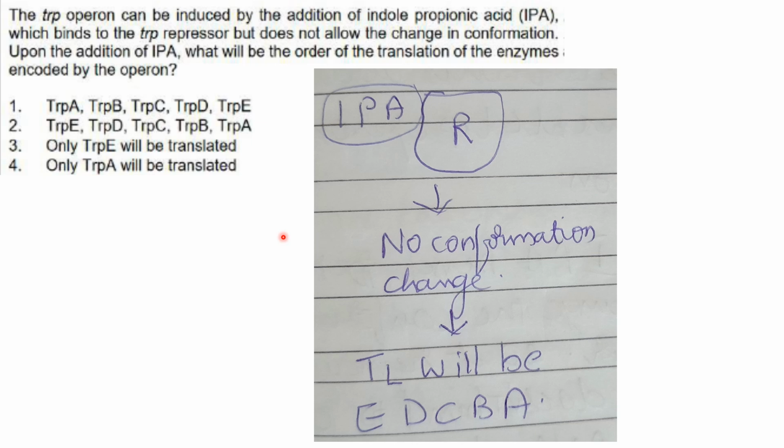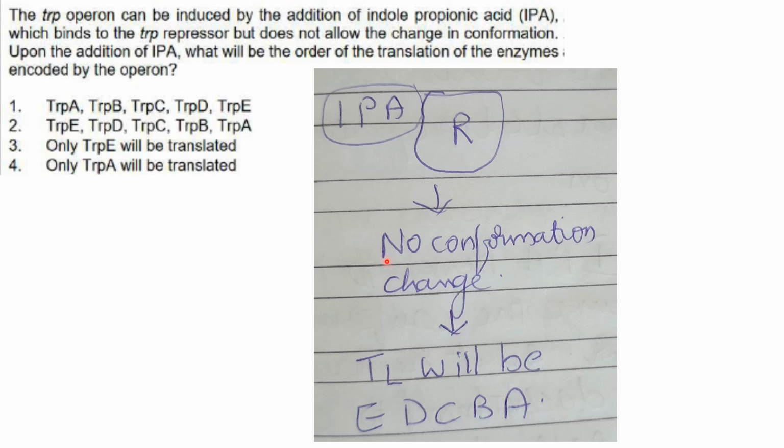When tryptophan is absent, the repressor is inactive and it doesn't bind to the operator. This allows RNA polymerase to transcribe the tryptophan operon, turning it on. Now here you have IPA bound to the repressor and there is no change in conformation of the repressor. So it is equivalent to when tryptophan levels are low.